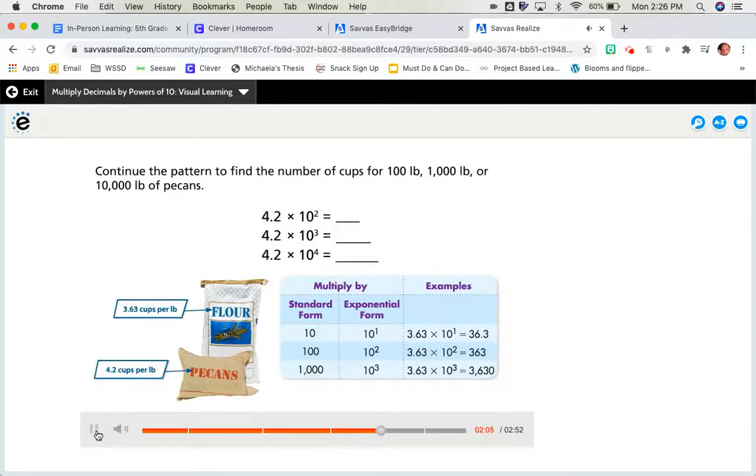Continue the pattern to find the number of cups for 100 pounds, 1,000 pounds, or 10,000 pounds of pecans. So, 100 pounds of pecans has 420 cups. 1,000 pounds of pecans has 4,200 cups. And 10,000 pounds of pecans has 42,000 cups.